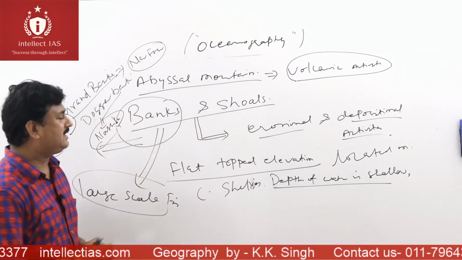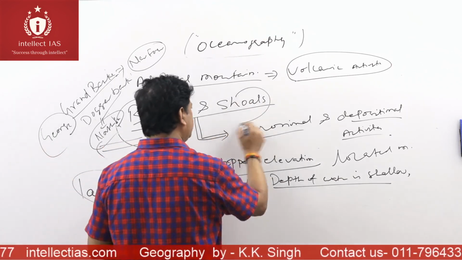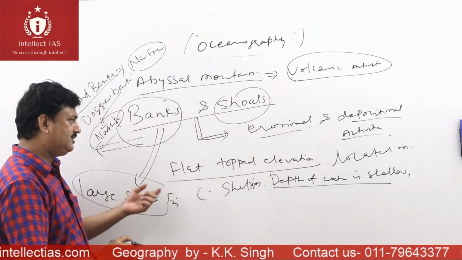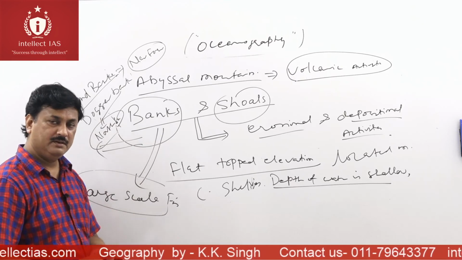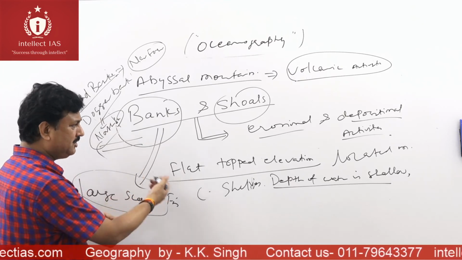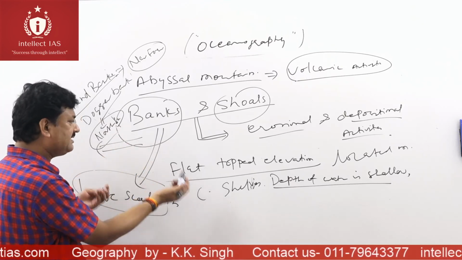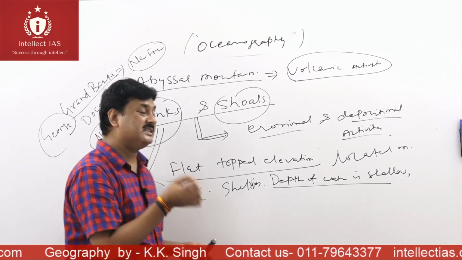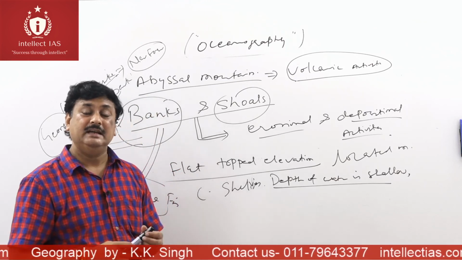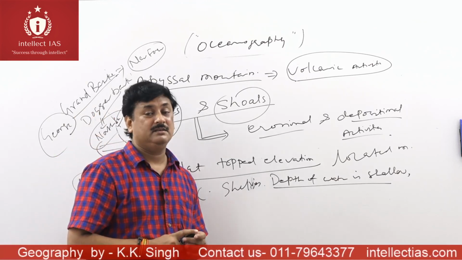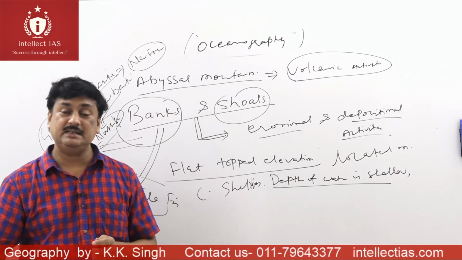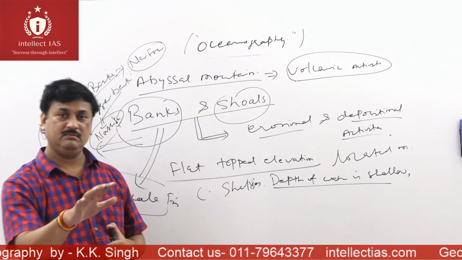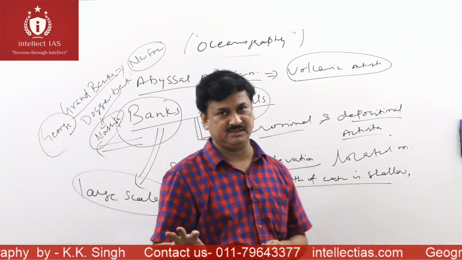Now, shoals are also formed by erosional and depositional activities. Okay, it is also flat topped elevation, located on continental shelf, and here also the depth of water is shallow, but the water is not deep enough to allow navigation activities.